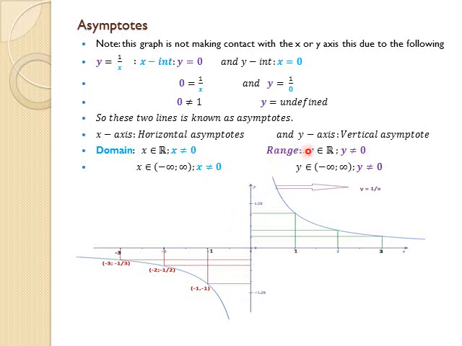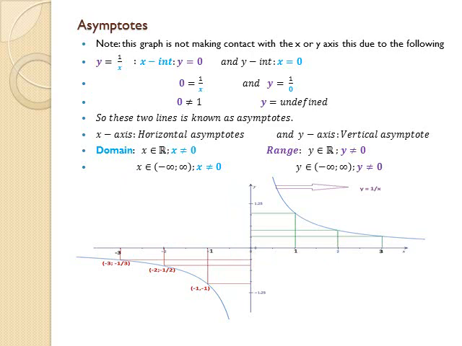For my range, my y values, an element of real numbers, it goes all the way up, touches all the y values, goes all the way down, but y not equal to 0. Can also write it as y is an element going from negative infinity to positive infinity. Again, x not equal to 0, y not equal to 0, and there we have your hyperbola.